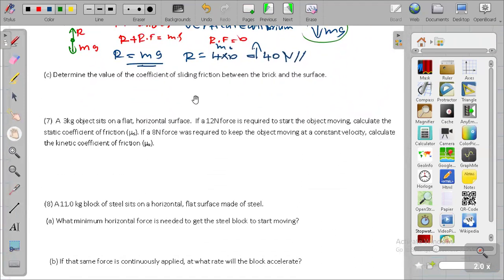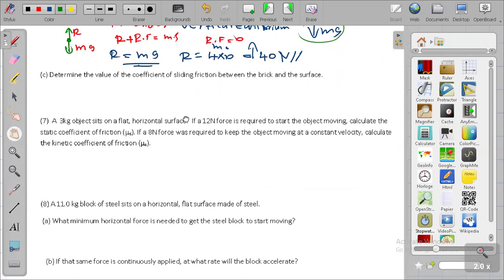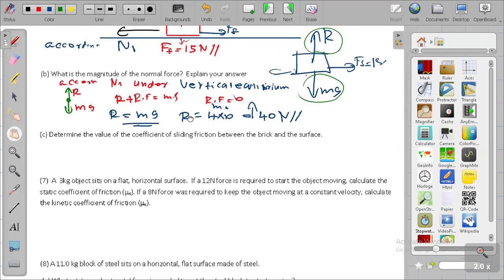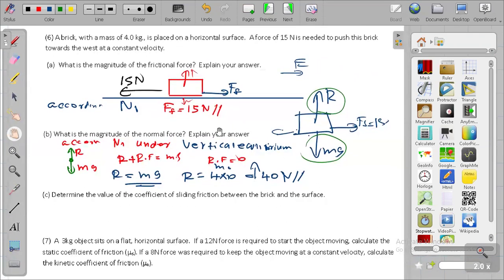Now see, determine the value of the coefficient of sliding friction between the brick and the surface. Okay, Lamai? Under constant velocity here, how can you find the sliding friction? F dynamic equals mu dynamic R, or mu dynamic is equal to Fd over R. What is Fd? 15 Newton, no?